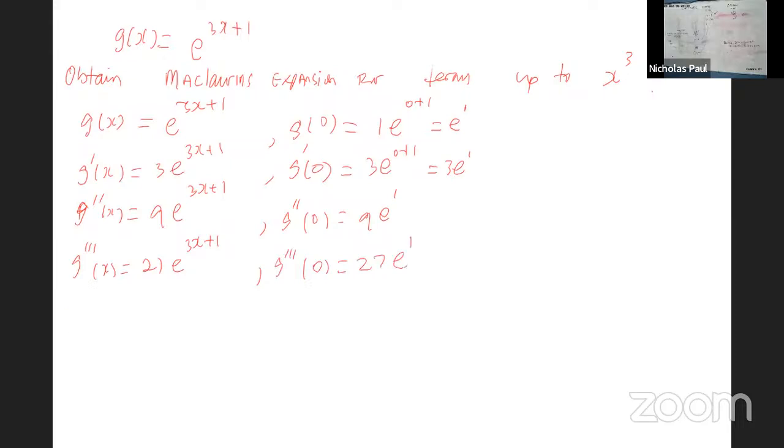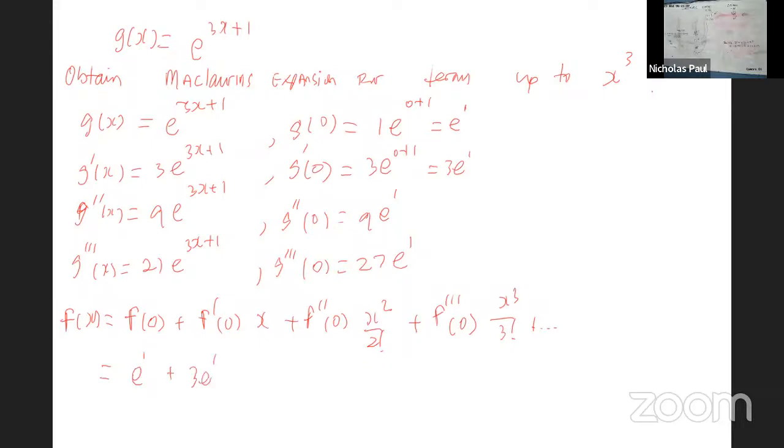Right? Then we go into the Maclaurin's expansion. Take a look at the formula. f of x is equal to f of 0 plus f prime 0 x plus f double prime 0 x squared on 2 factorial plus f triple prime 0 x cubed on 3 factorial. So g of 0 is e to the 1.